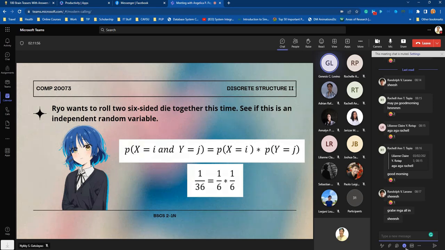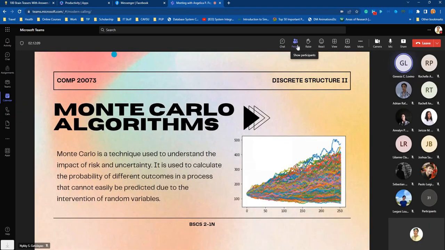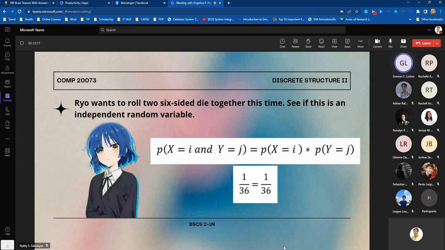That would roughly equal to also 1/36. We have proved that 1/36 equals to 1/36. Therefore, they are both independent. Now that we have discussed the random variables and independent variables, we will now move on to the next topic, which is the algorithms.